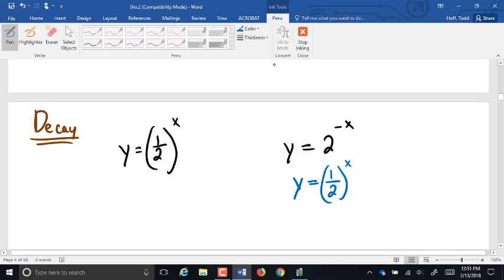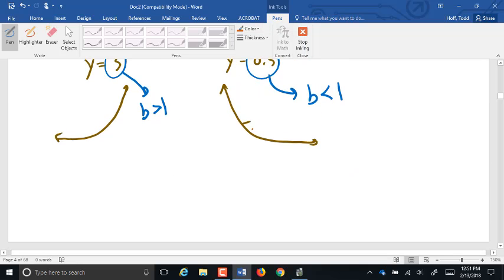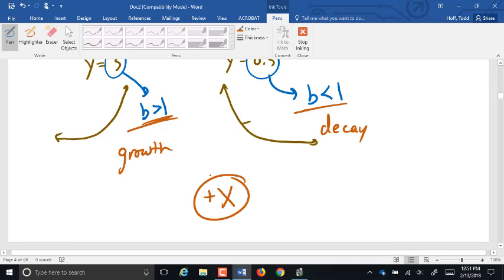So we mentioned up here that if b is bigger than 1, it's growth. If b is less than 1, it's decay. That only applies as long as the power is x, a positive x, not negative.